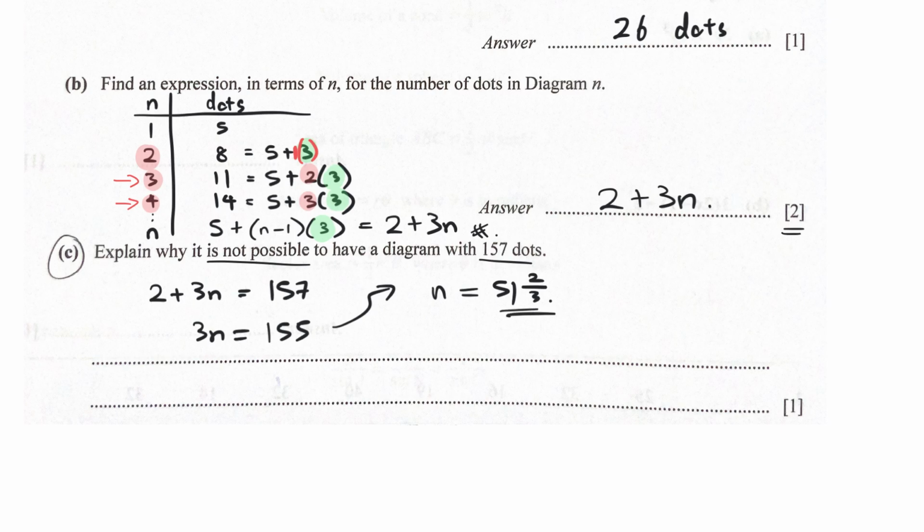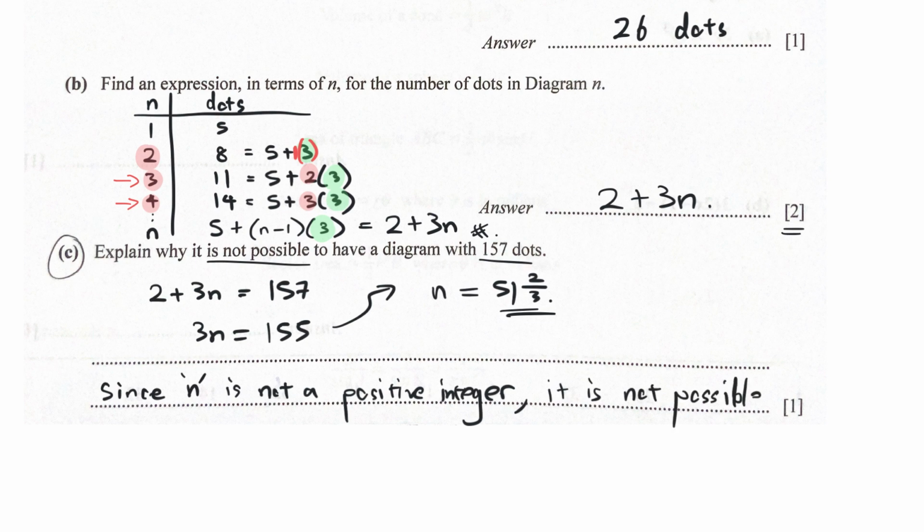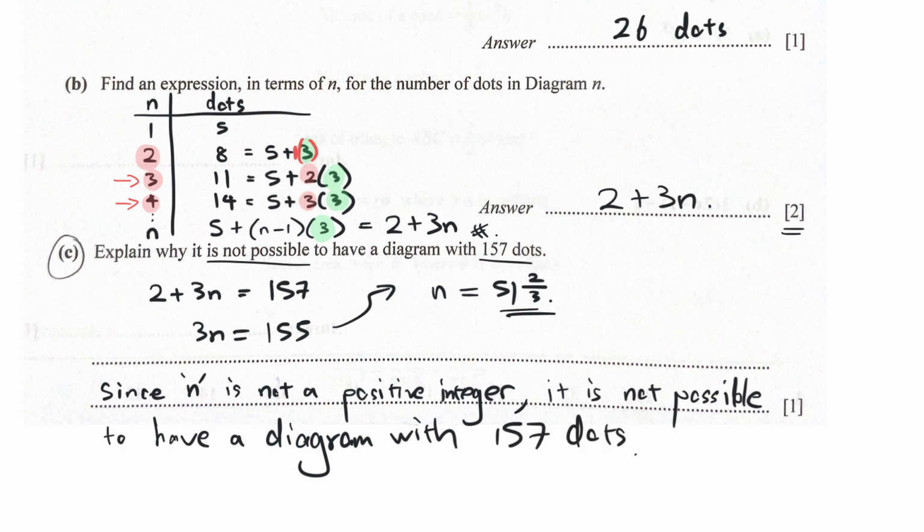And therefore we conclude that since n is not a positive integer, it is actually not possible to have a diagram with 157 dots. Done.